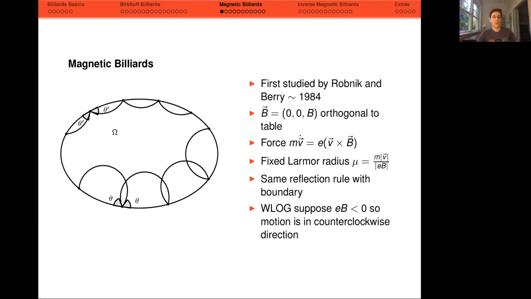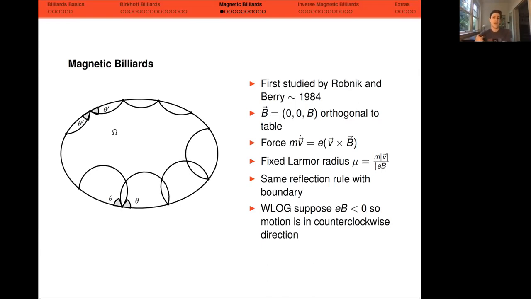So now we make the transition over to these magnetic variants of billiards. What we want to first start talking about is magnetic billiards. This was first studied by Robnik and Berry in the 1980s. The way we consider magnetic billiards is by having a constant magnetic field orthogonal to the table, and we consider the billiard ball as a charged particle of charge e.